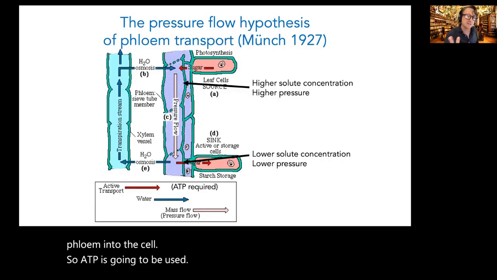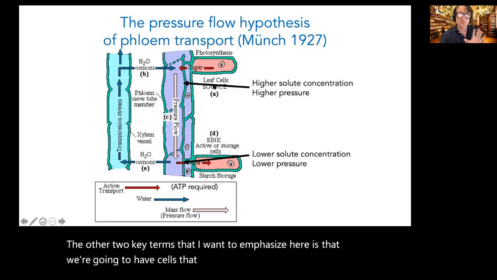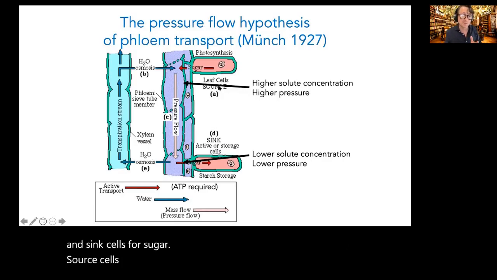The other two key terms that I want to emphasize here is that we're going to have cells that are source cells of sugar, and sink cells for sugar. Source cells are where sugar is being produced from photosynthesis.